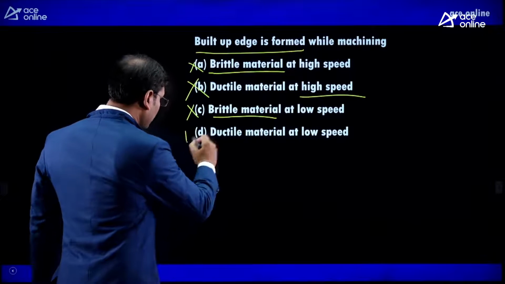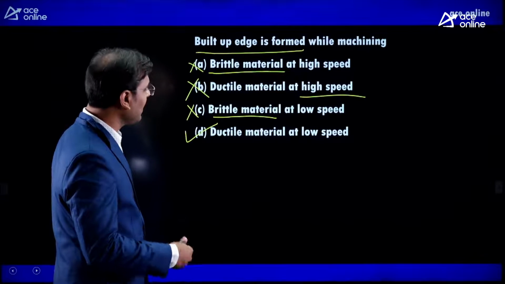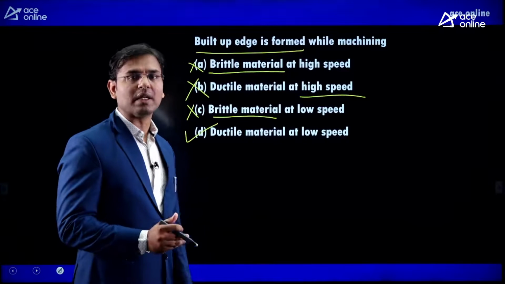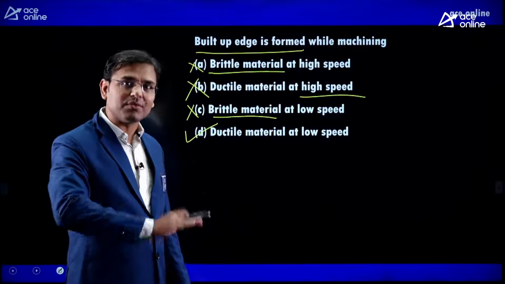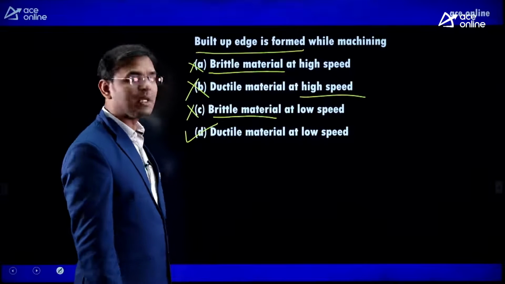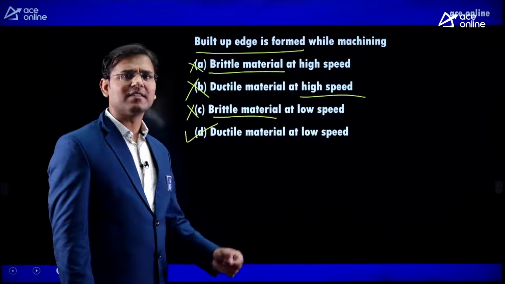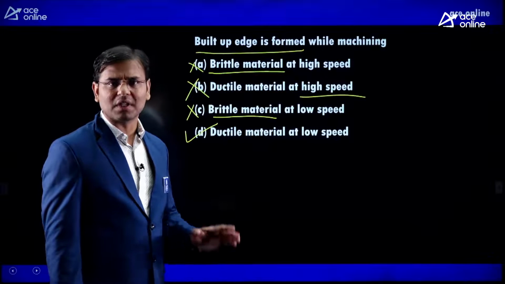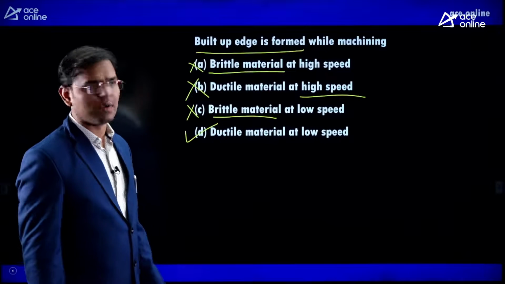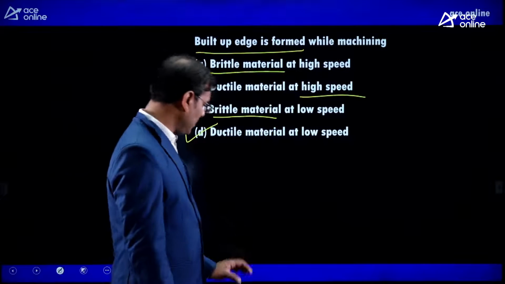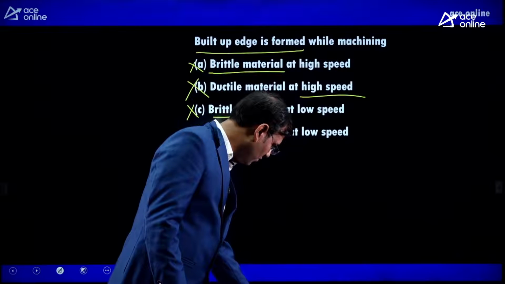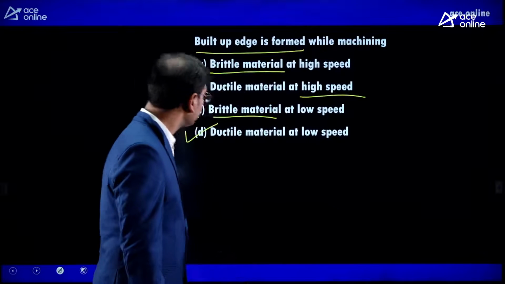Then definitely when ductile material is there, continuous chips are going to form at low speed. If the chip is traveling on the rake face at low speed, then the particles of that chip are going to stick on the rake face of the tool, and because of that, guys, the built-up edge is going to form.